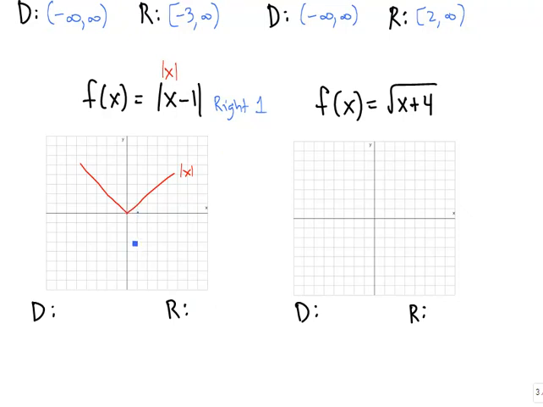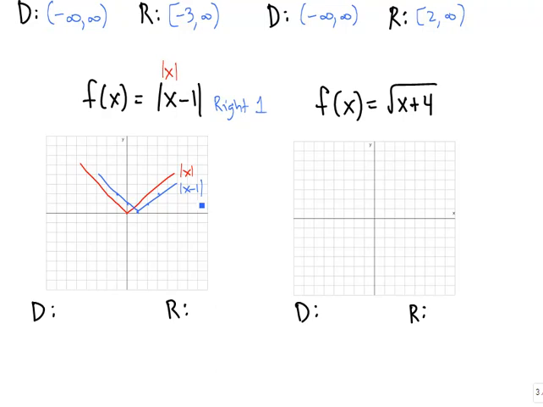So now it's going to be right here at 1 on the x-axis. The same pattern for that V shape applies. So from the vertex, I can go over 1, up 1, over 1, up 1 on the left and on the right, and that gives me my V shape, and all I've done is shifted every point to the right one.